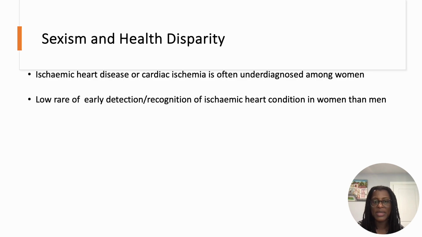So when women are accessing the medical system and getting help for certain presenting symptoms, how they're treated is not the most effective, and that has been shown to be related to why conditions like cardiac ischemia are often underdiagnosed among women.